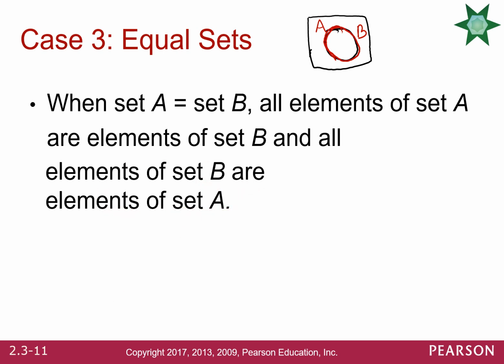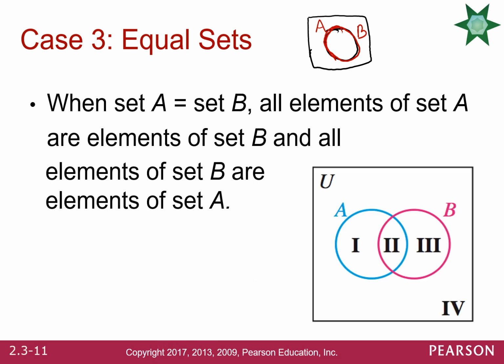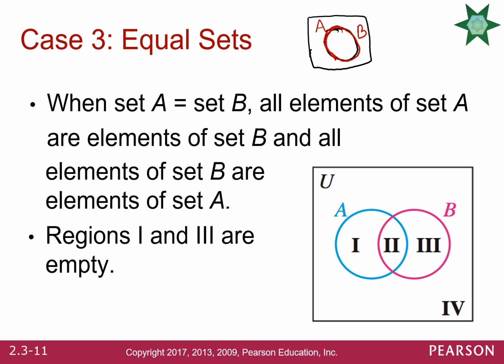So what will the Venn diagram look like in this case? We have our rectangle with two circles divided into three regions. Now we have to determine which regions would be empty and in which region all the values will be. Because A has the same elements as B, region 1 would be an empty set.